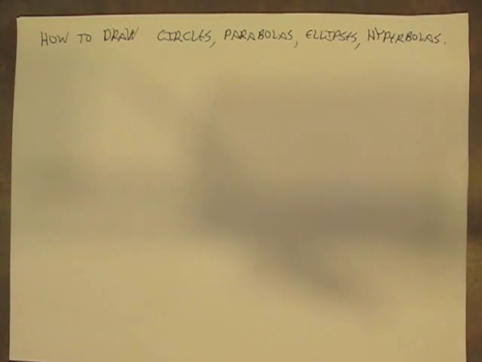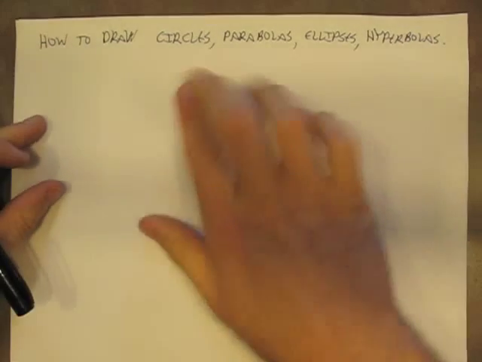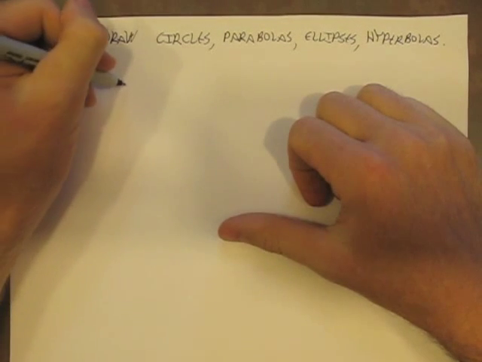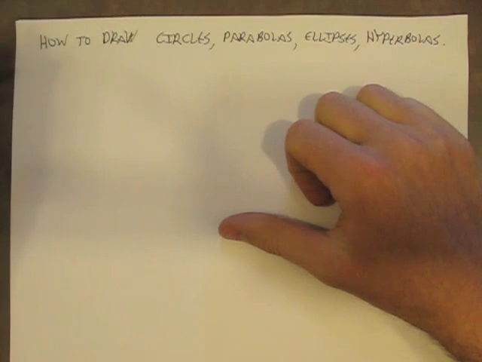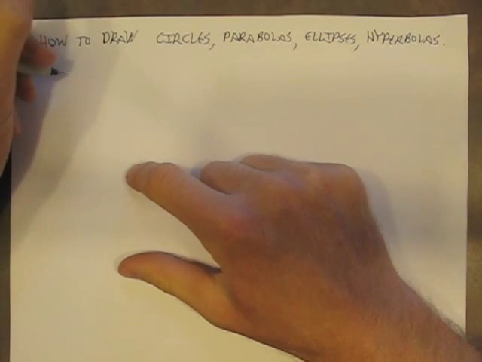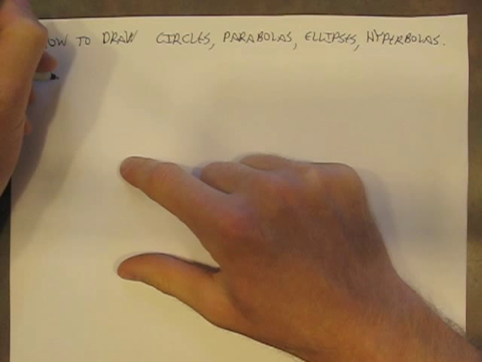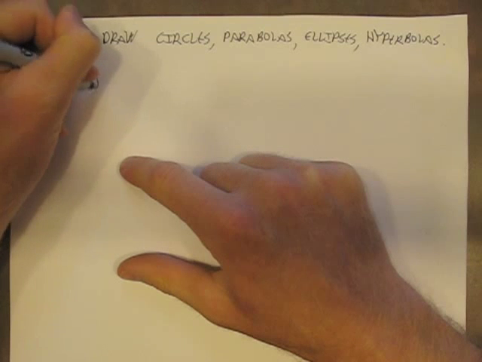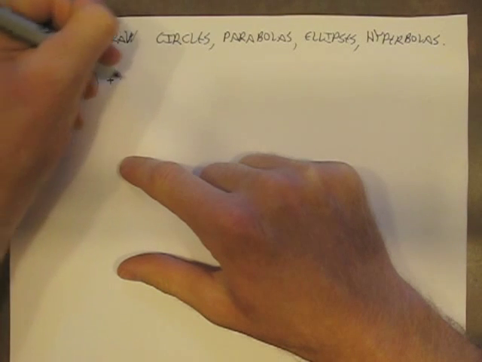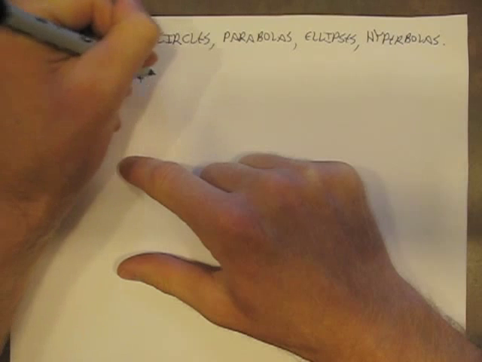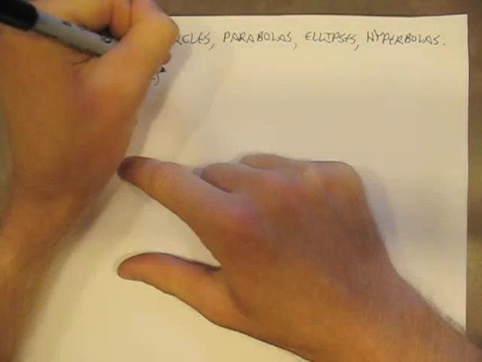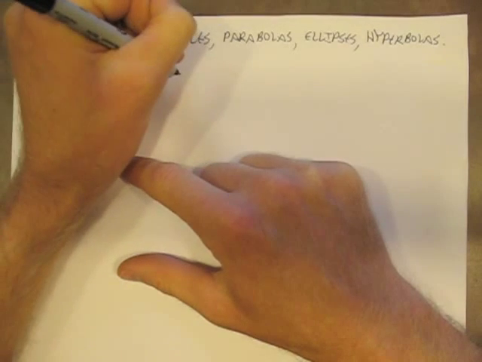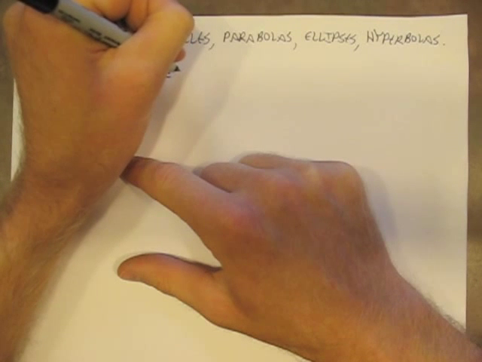So, assuming you got graph paper, the traditional way is, let me give you a circle to graph. So the circle that I'm going to give you to graph is going to be (x minus 3) squared plus (y plus 2) squared equals 9.